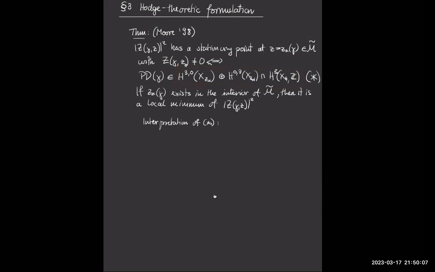So let V_C be the first part, the sum of H^{0,3} and H^{3,0}. So this is a complex two-plane in H^3 with complex coefficients.